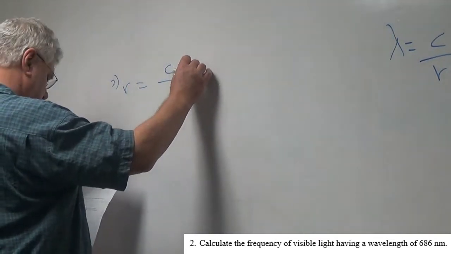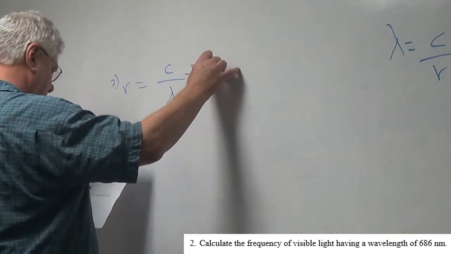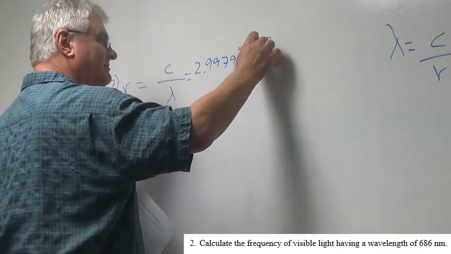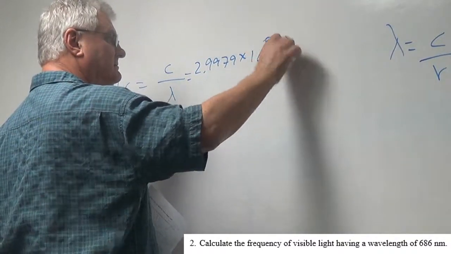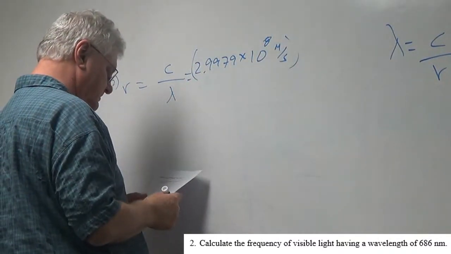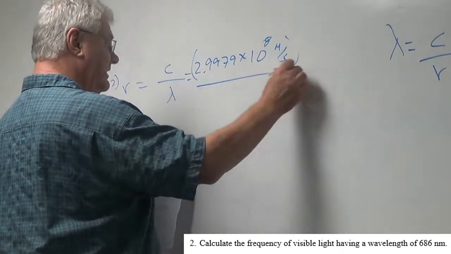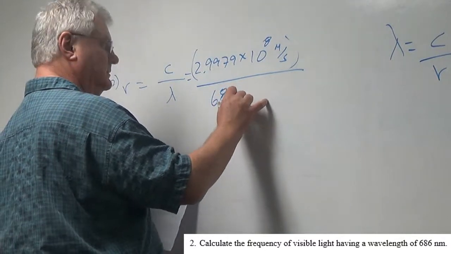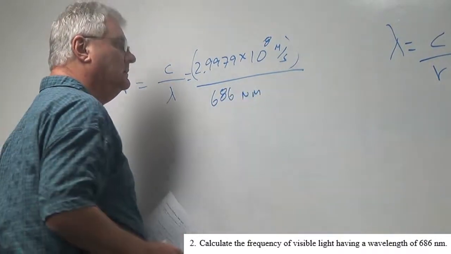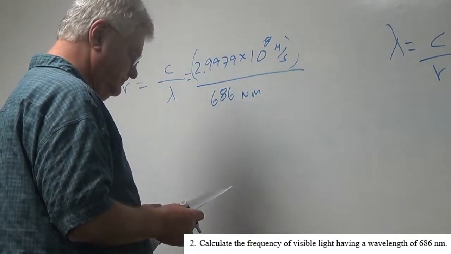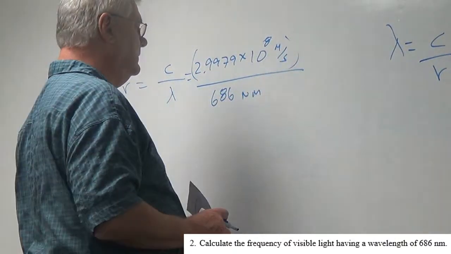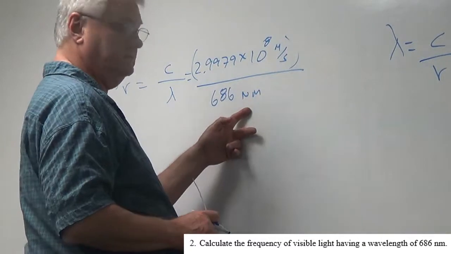So we have 2.9979 times 10 to the 8th meters per second, the speed of light. The wavelength, we have 686 nanometers.